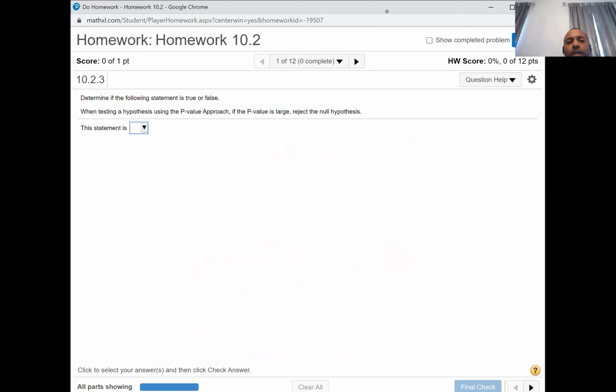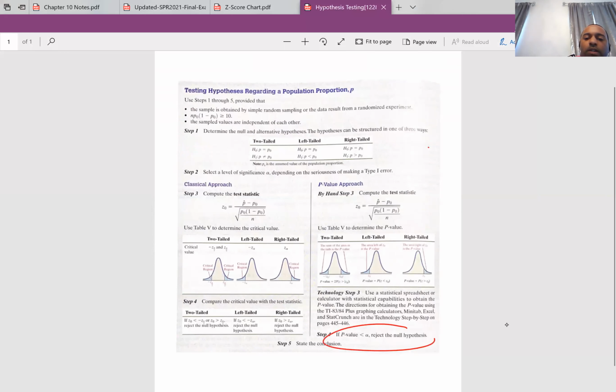All right, so looking at number one, it says when testing a hypothesis using the p-value approach, if the p-value is large, reject the null hypothesis. So basically, we'll go back to our p-value steps. Now notice right here it says if p-value is less than alpha, so if it's small, you reject the null hypothesis.